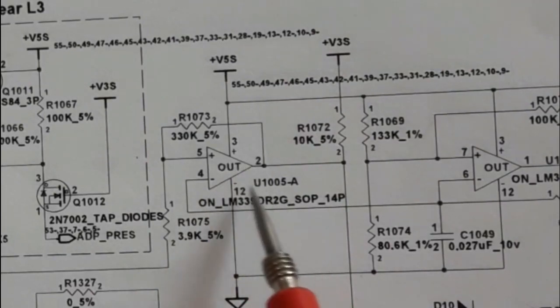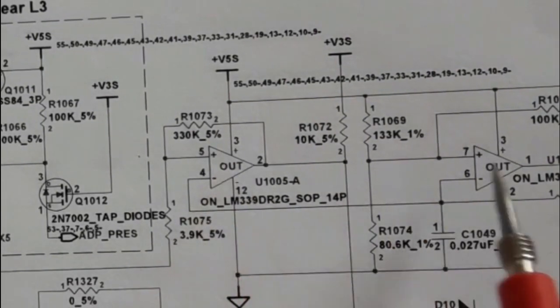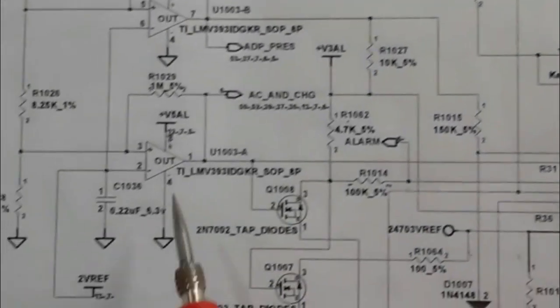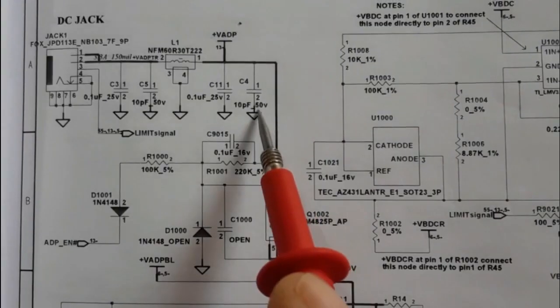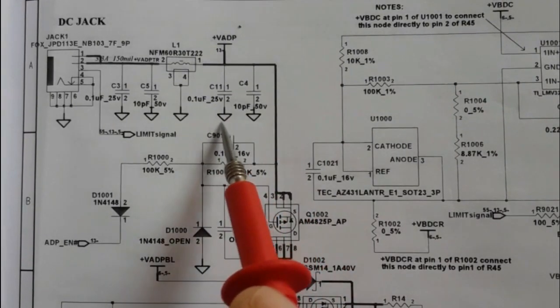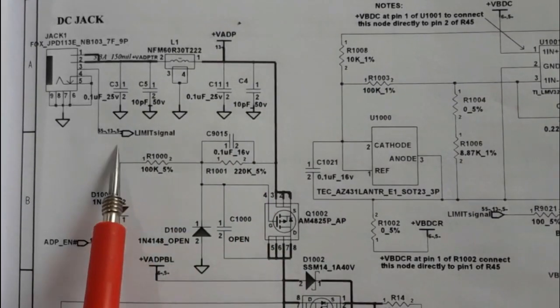Here we have another amplifier. We have out, minus and plus, the same as the amplifier that we have seen before. Here we have ground. This is a digital ground. Of course, there is an analog ground and digital ground.